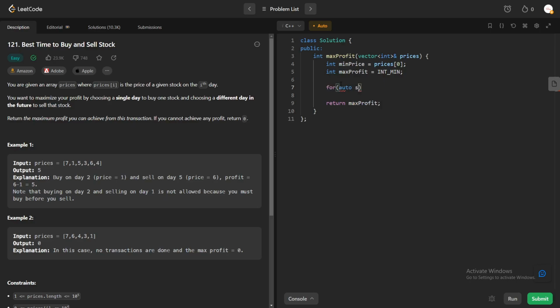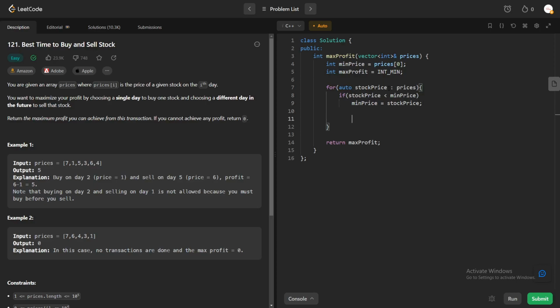So for each stock price, this stock price actually represents the current price as well. And in between them we want to check if the current stock price is smaller than the minimum price, right? Then we want to update this minimum price with the current stock price.